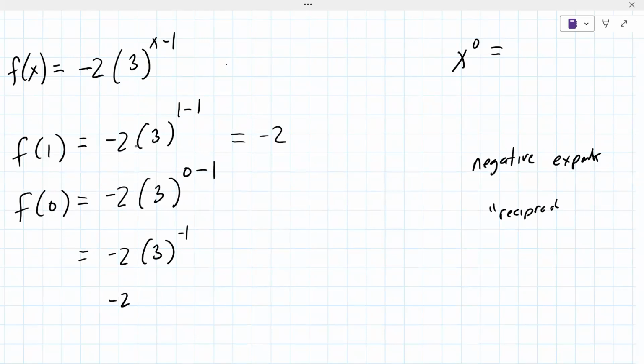Okay, so this becomes -2 times 1 over 3 to the power of 1, which is just -2/3. So the thing we're using here is that something to the negative exponent becomes 1 over x to the same exponent but positive.